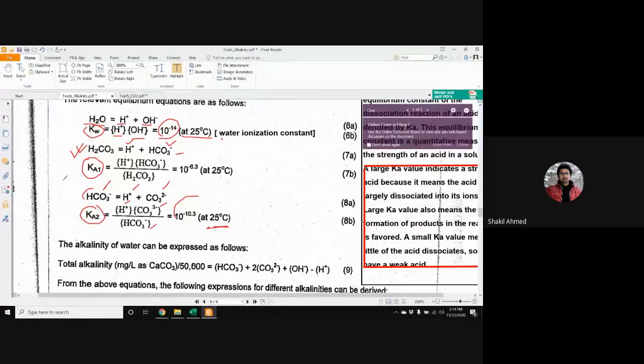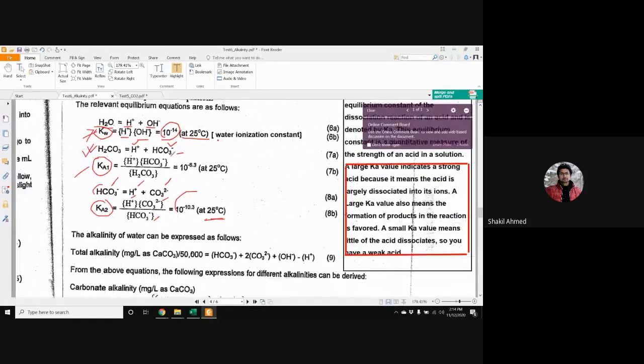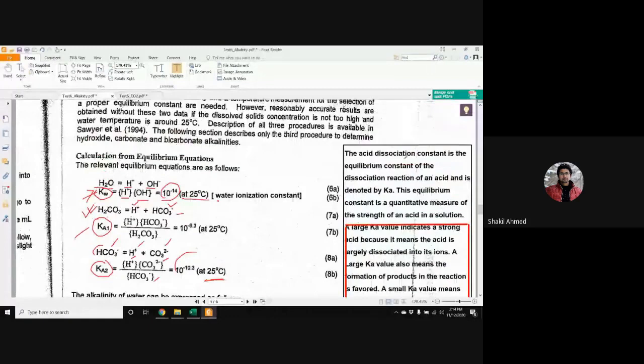This is called acid ionization constant. This was the water ionization constant, and this is the acid dissociation constant. Acid dissociation constant. Ka, Ka1 or Ka2. If the acid is stronger, then Ka will be higher.